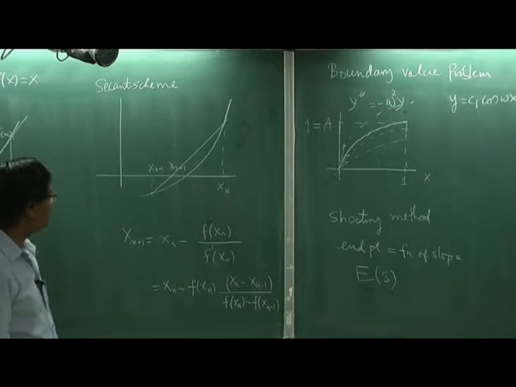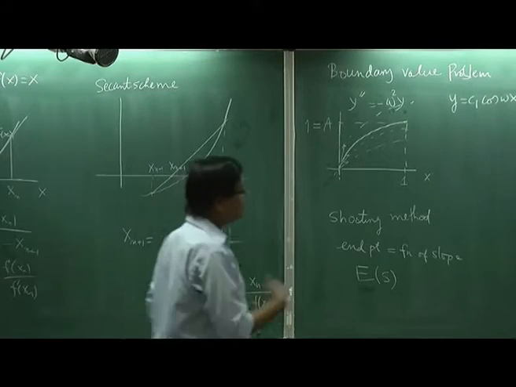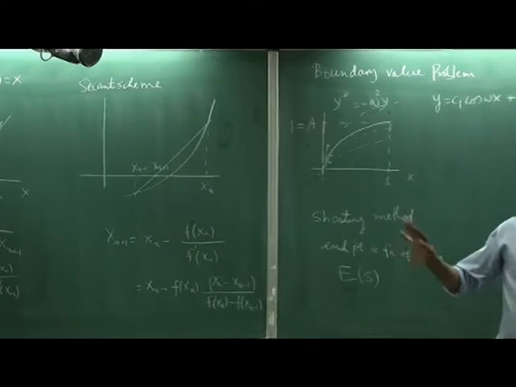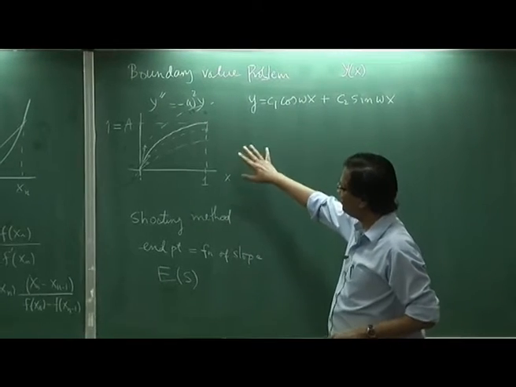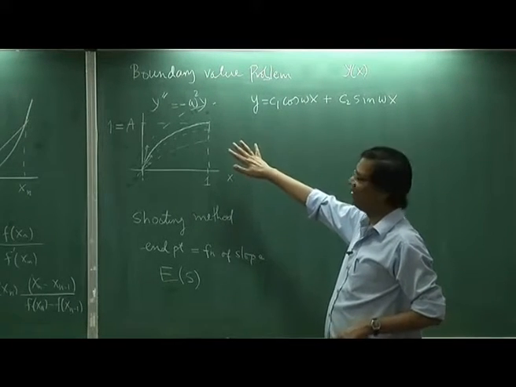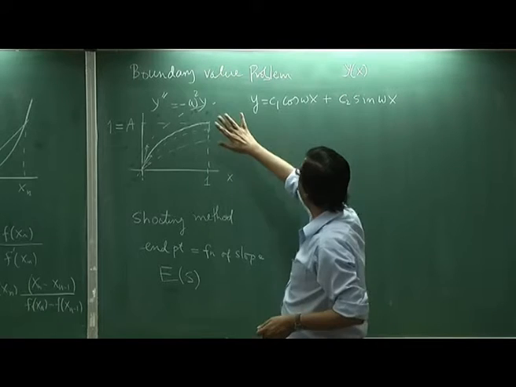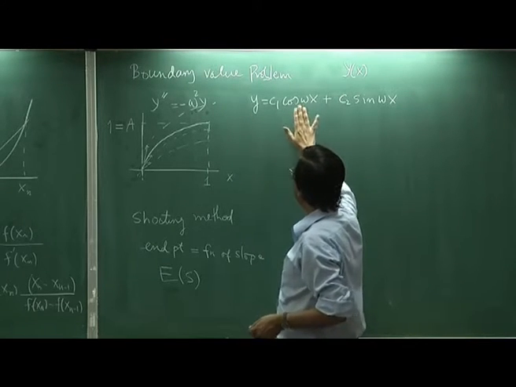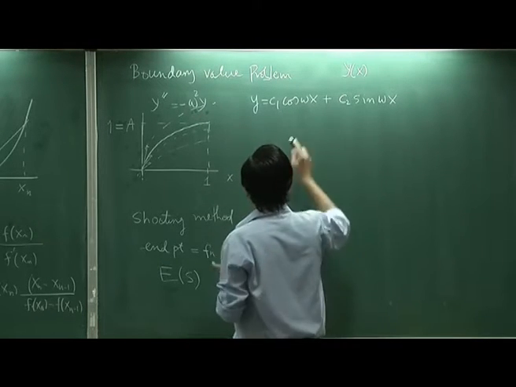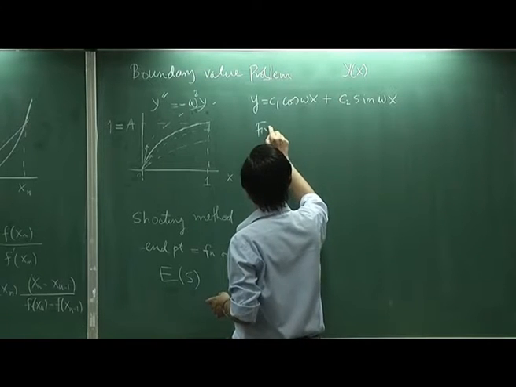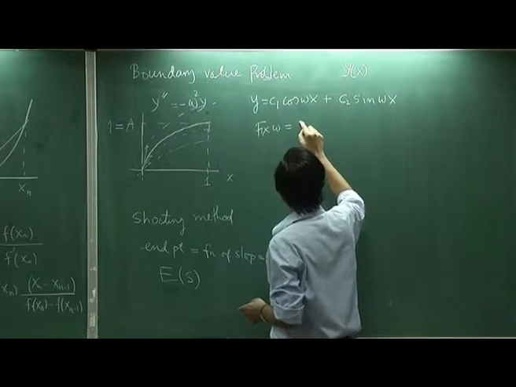So this is how you do it. This is a simple Python code which can solve this problem. But please remember that I have fixed omega. For this particular problem I will fix omega to pi by 2.